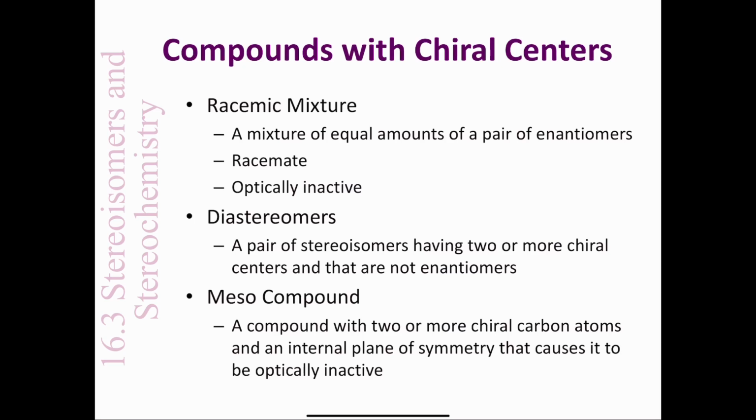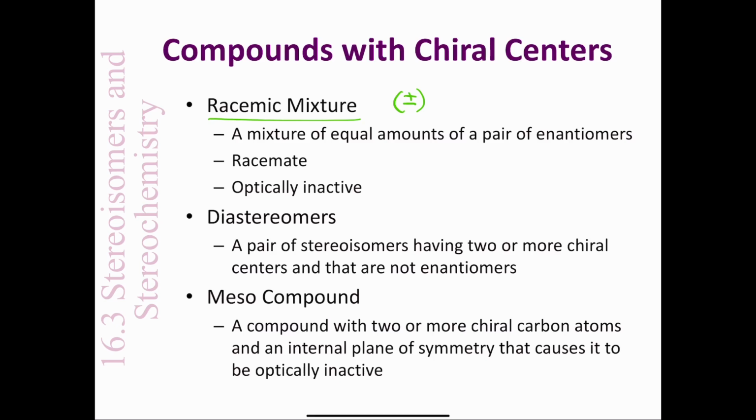A mixture of equal amounts of a pair of enantiomers is called a racemic mixture, or simply a racemate. Sometimes we use the prefix plus-minus like this to represent a racemic mixture. In this situation, the specific rotation is 0 degrees, because the rotation caused by one enantiomer is canceled out by the opposite rotation caused by the mirror image enantiomer.